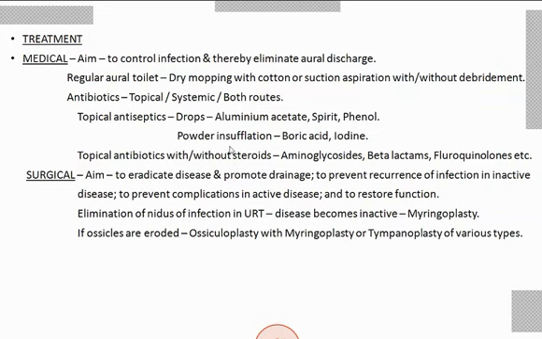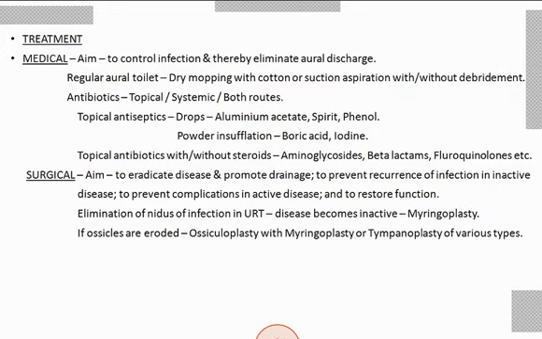And the second one is prescription of antibiotic drops. These are powder supplements like boric acid powder or povidone powders. And these topical antibiotics, which are given as drops, can be mixed with steroids, or plain antibiotic drops can be prescribed.